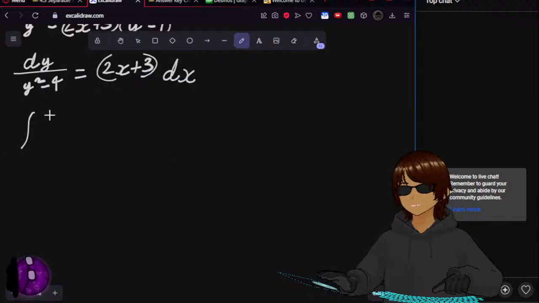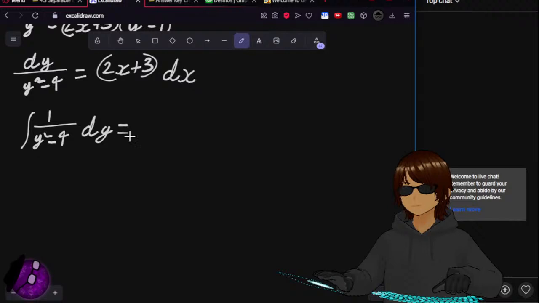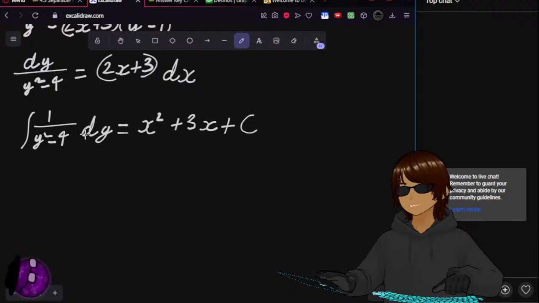If we integrate both sides, this is x squared plus 3x plus c. The problem is this.